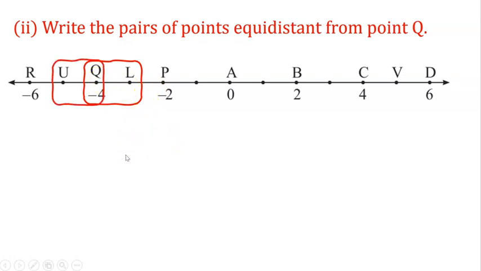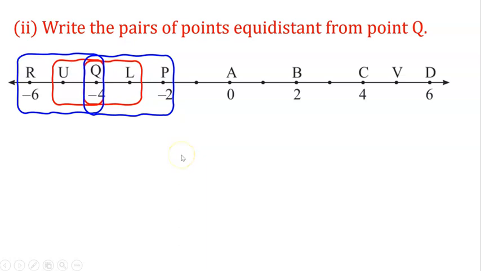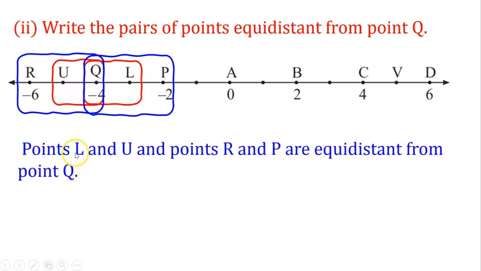Next, U is also at a distance of 1 unit from the point Q. Next, R is at a distance of 2 units from Q, and P is also at a distance of 2 units from Q, and hence the answer: the points L and U, and the points R and P are equidistant from the point Q. Now next question.